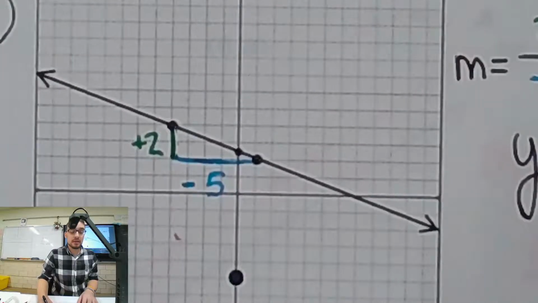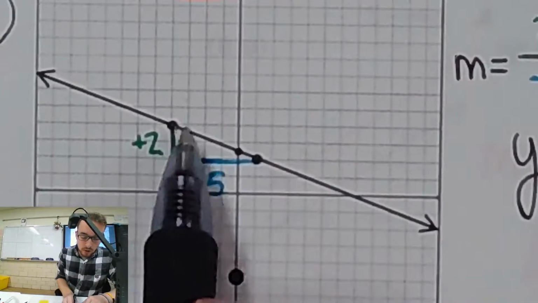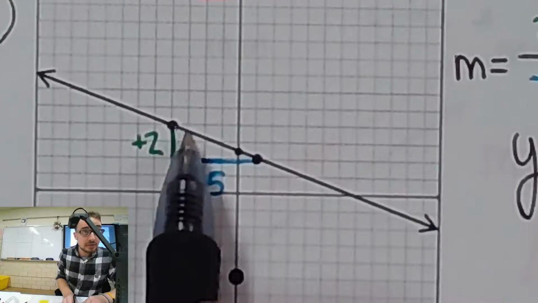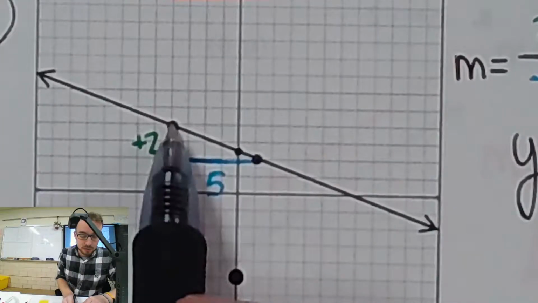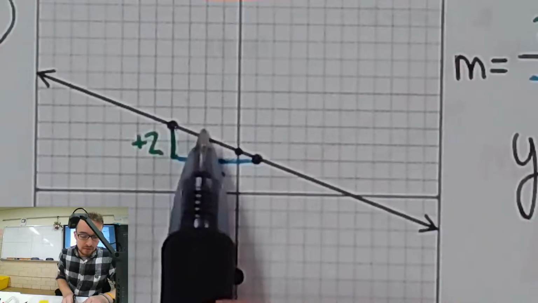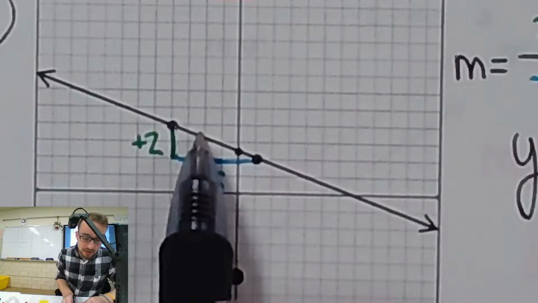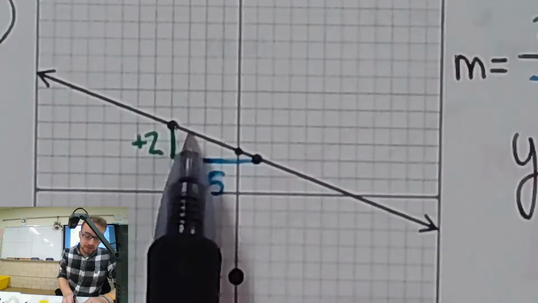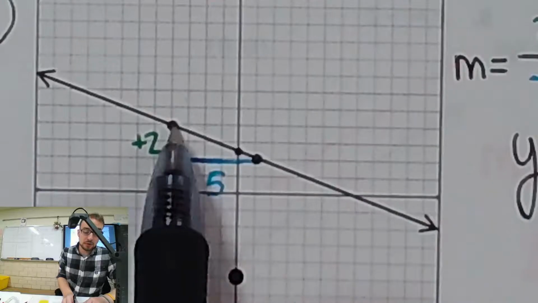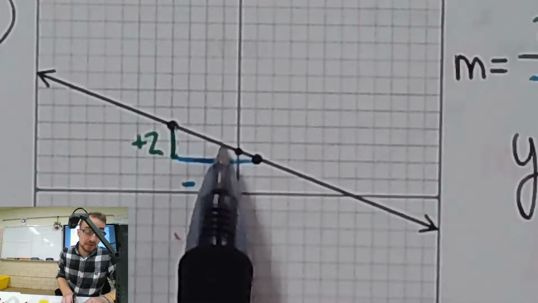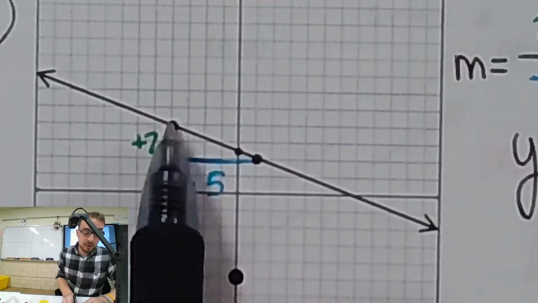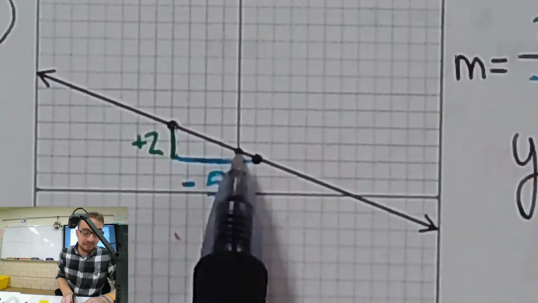If I go over 2, how many fifths do I go down? 4/5, right, double that. If I go over 3, I go down 6/5. If I go over 4, I go down 8/5.